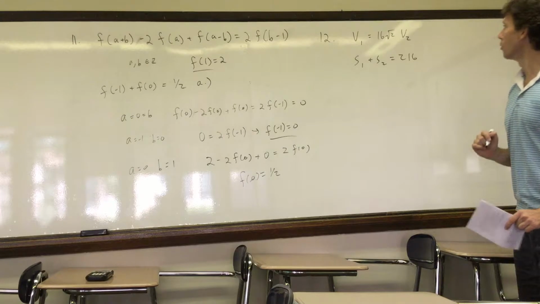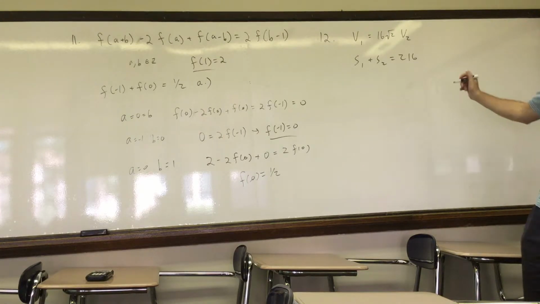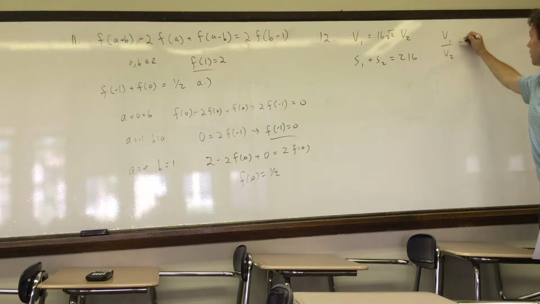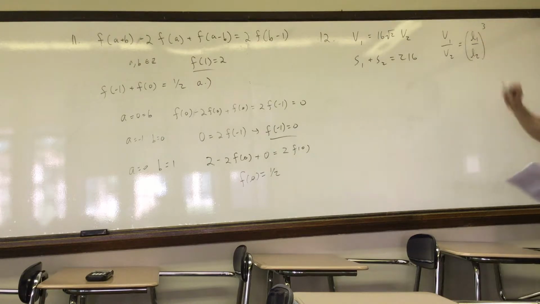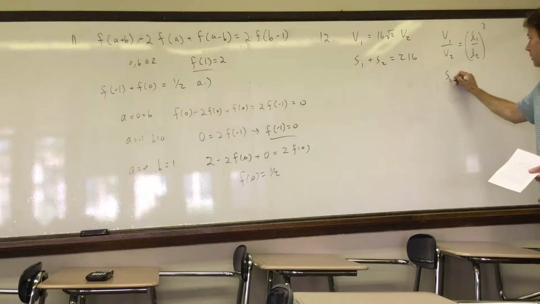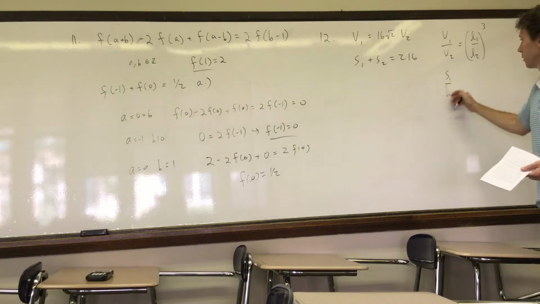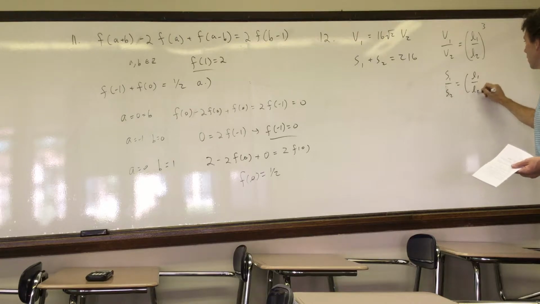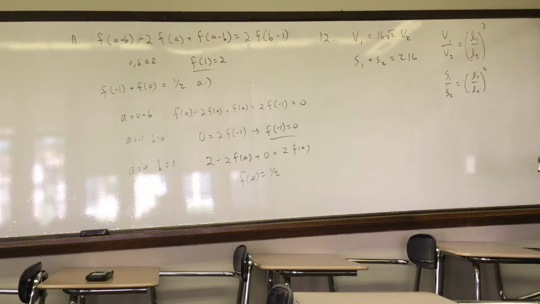You have to know that the length ratio cubed is going to give you the volume ratio, and the length ratio squared is going to give you the surface area ratio.